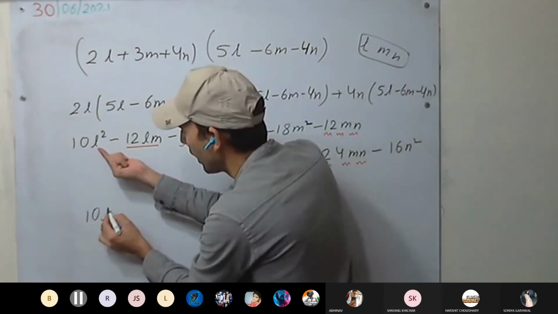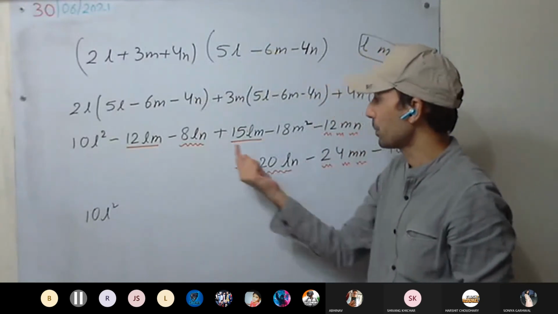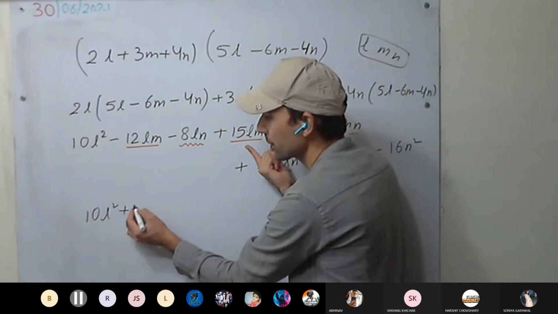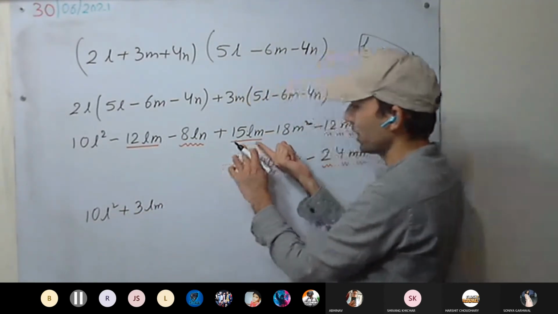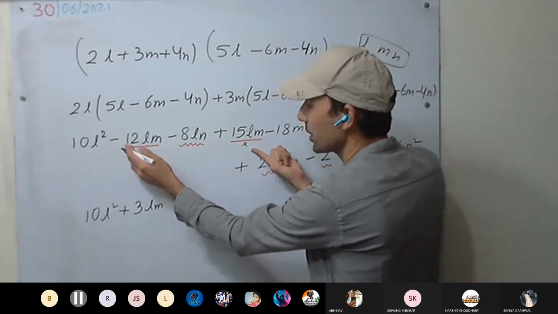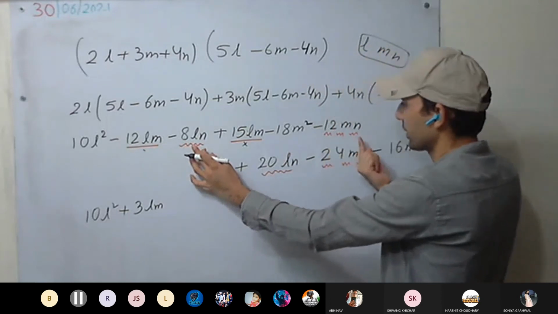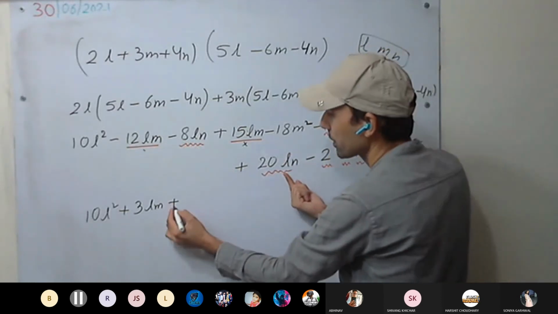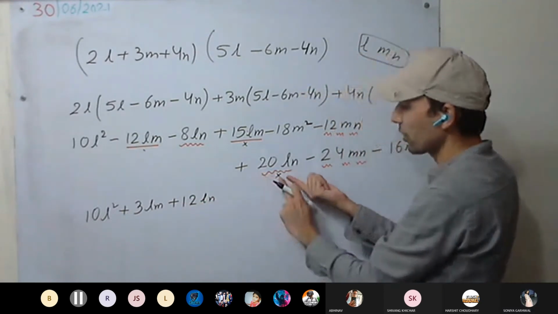10 L square. Now minus 12 LM plus 15 LM, how much will it be? Plus 3 LM. The LM term we have already written, so you can do it like this below. This is already taken. Minus 8 LN plus 20 LN, how much? Plus 12 LN. This 12 LN one, this as well we have used.